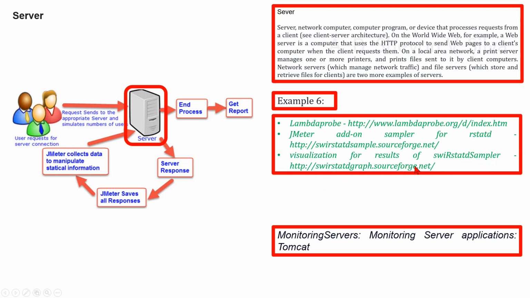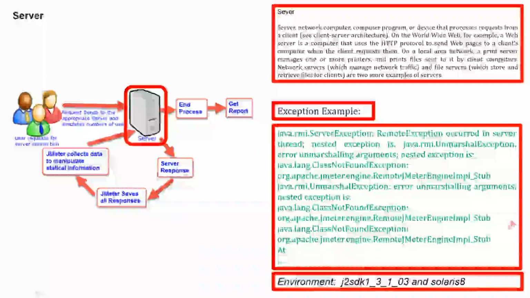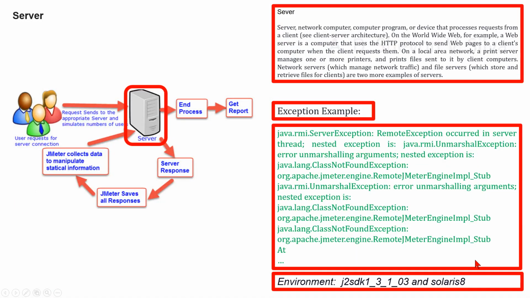Here the web address. As an exception example, we can consider this exception that occurred in the environment J2SDK 1.3.1_03 and Solaris 8. java.rmi.ServerException: RemoteException occurred in server thread.